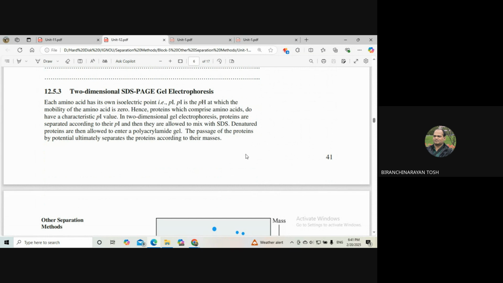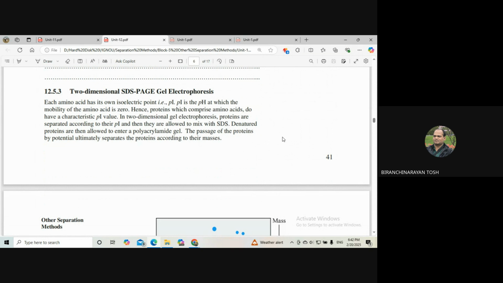So the pH at which the zwitterion is formed is known as the isoelectric point. The pI is the pH at which the mobility of the amino acid is zero. Hence, proteins which comprise amino acids do have a characteristic pI value, that means isoelectric point.